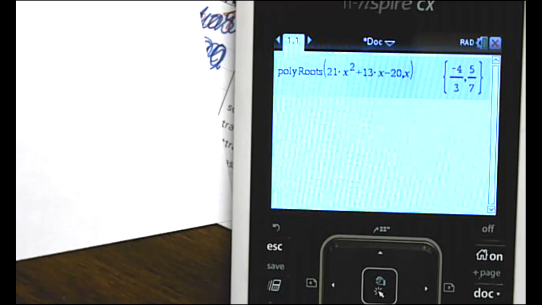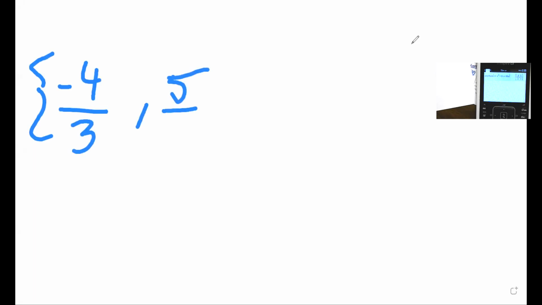Okay. Now you're saying, what the heck am I going to do with those? So let me show you. I'm going to go to a white screen right now so I can show some writing here. Okay, so your solutions are negative 4 thirds and 5 sevenths.